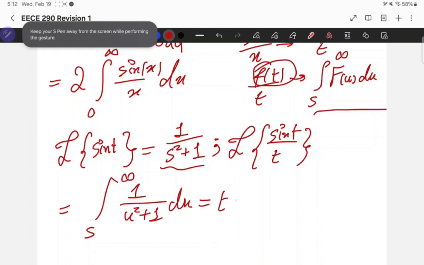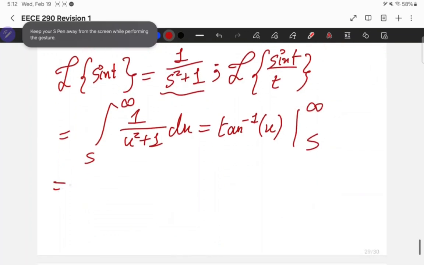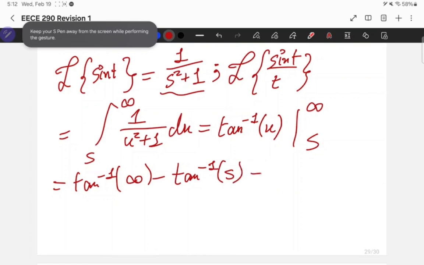This is equal to arctangent, or tangent inverse, whatever you want to call it, of u, evaluated from s to infinity. So arctangent at infinity minus arctangent at s, which is equal to pi over 2, since the limit of arctangent as x goes to infinity is pi over 2, minus arctangent of s. I'm gonna leave it as arctan of s.